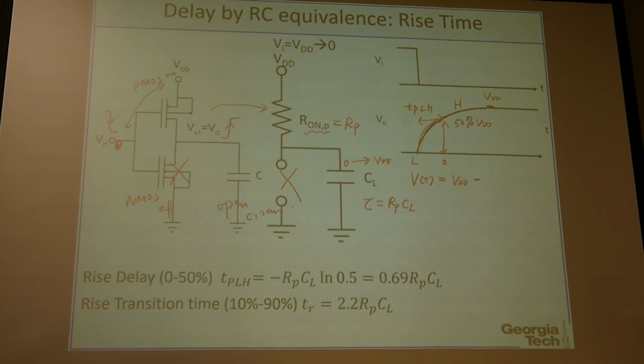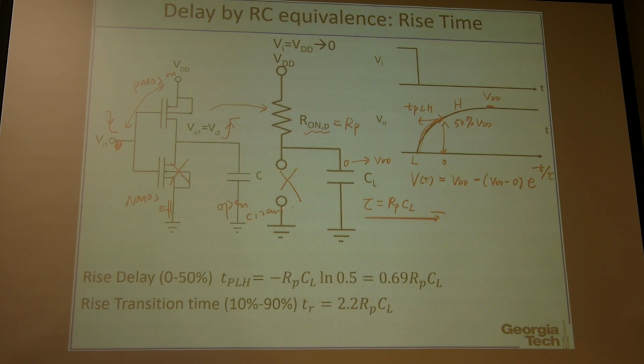But then you minus the final voltage minus initial voltage, exponential of minus T over the RC time constant tau. So that is your solution.